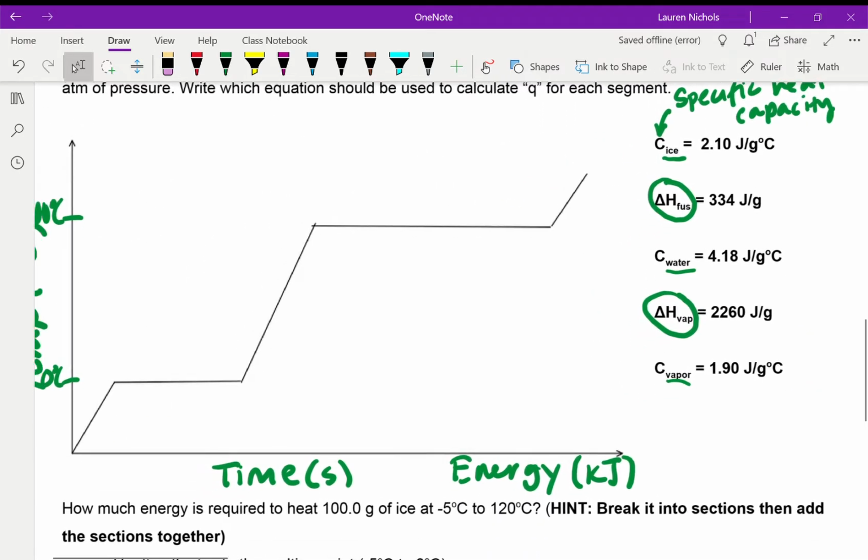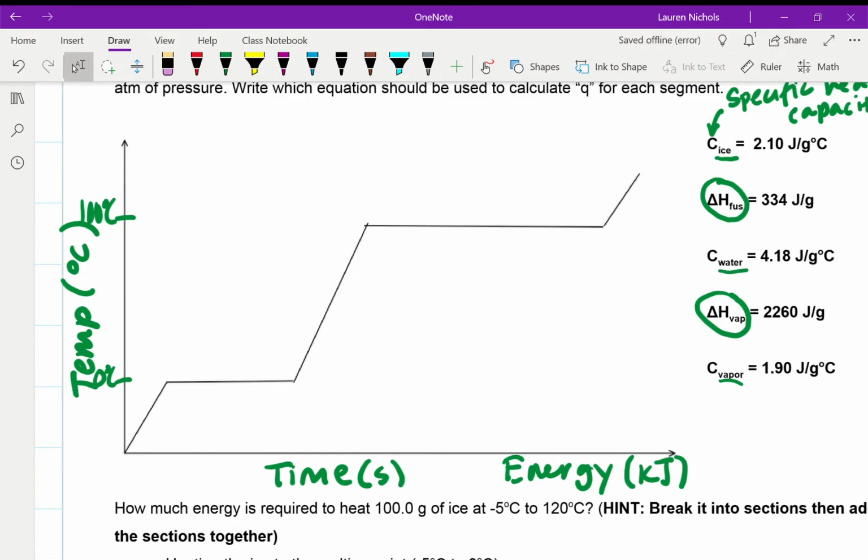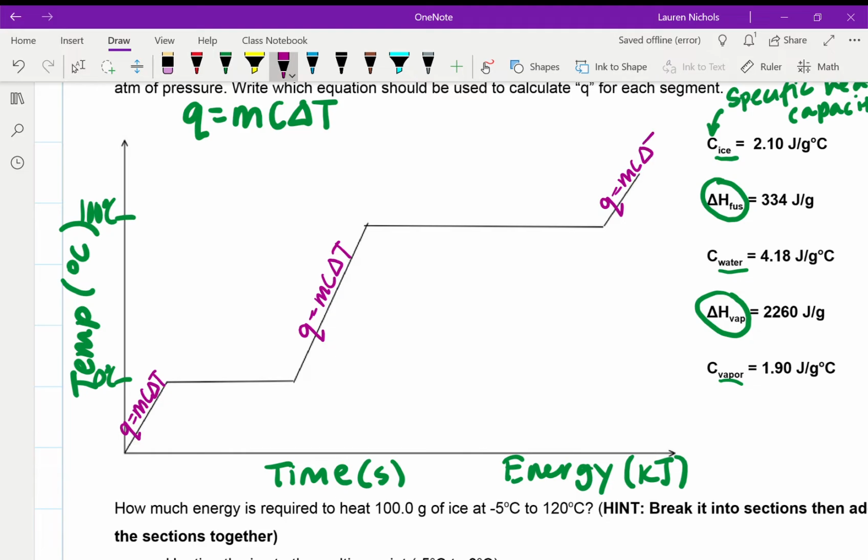At each segment, you use a different formula. There are two formulas that we use. The one we're already really familiar with is Q equals M times C times delta T, but this only works when there's a change of temperature. All the slanted spots can use this formula because there's a change in temperature.